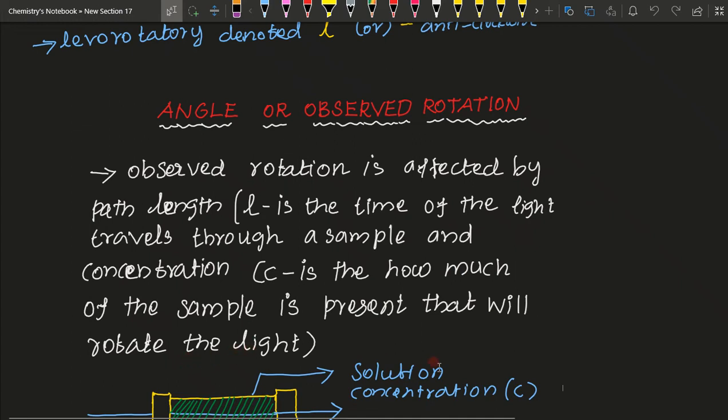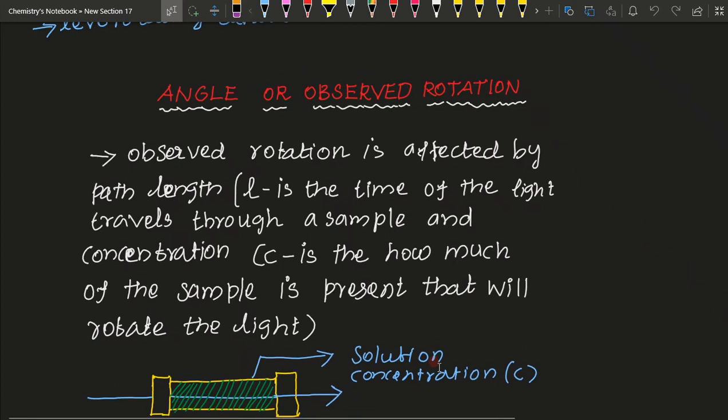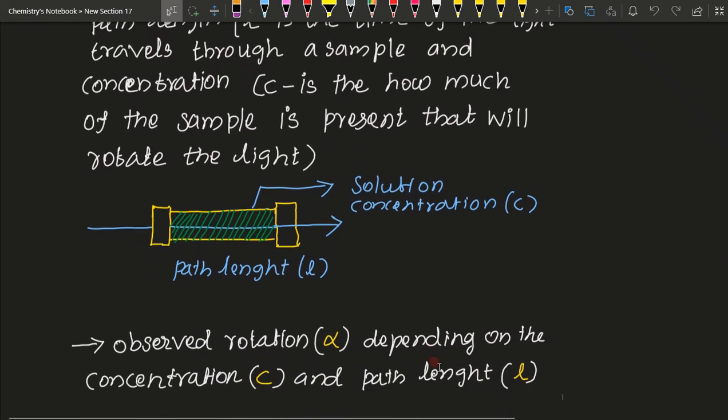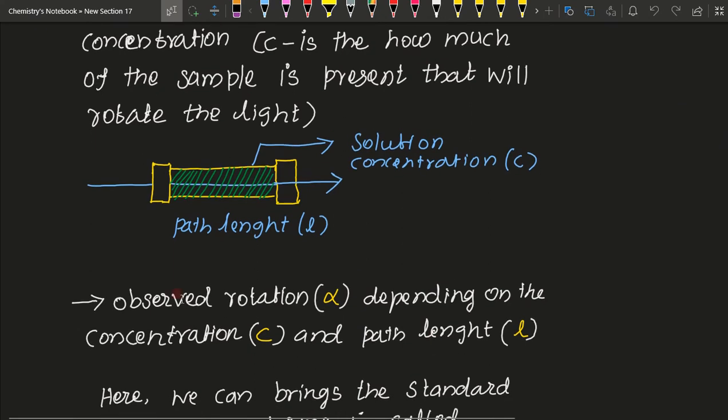See the diagram below. This is the path of light, and this is the concentration of the solution, C.